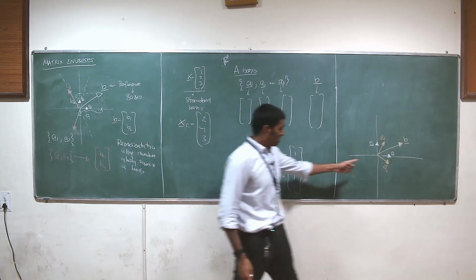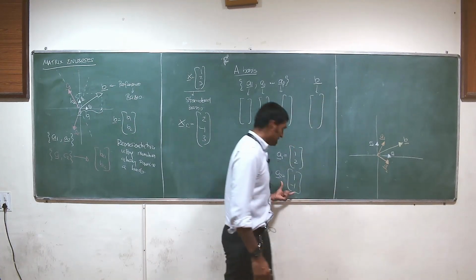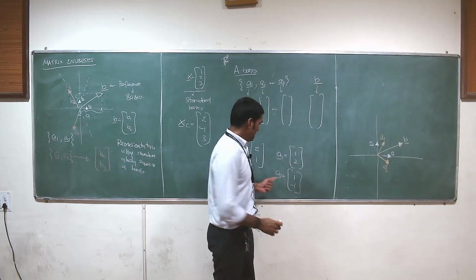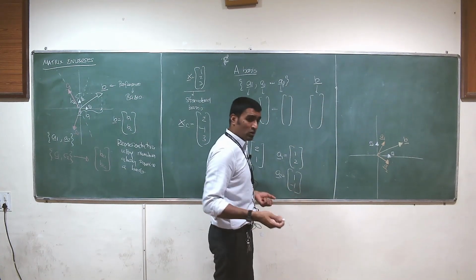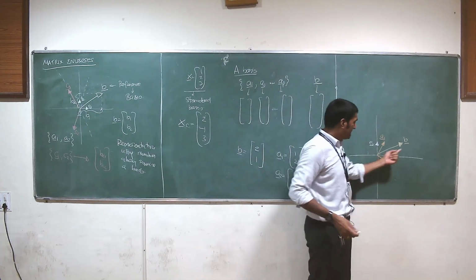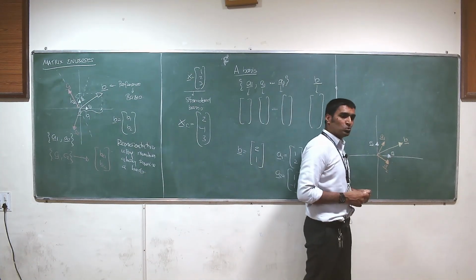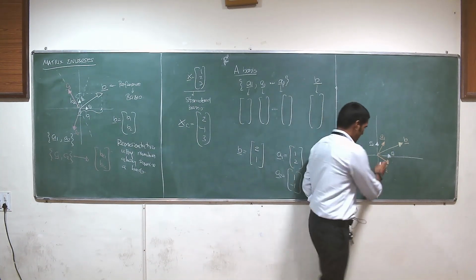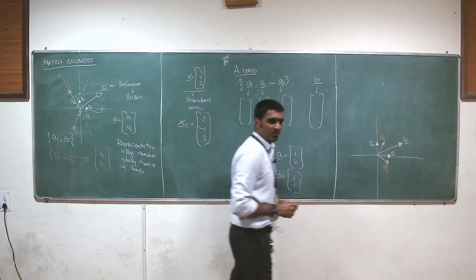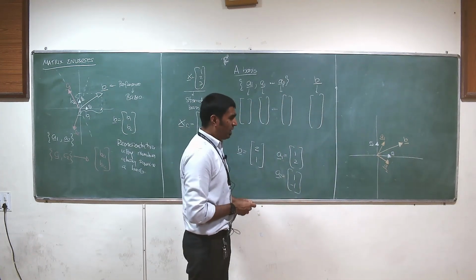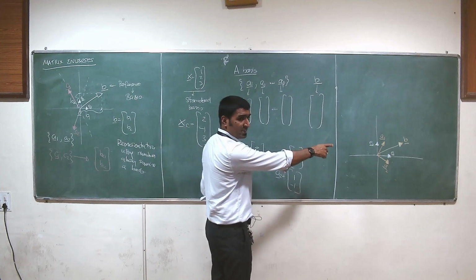These are the representations of A1 and A2 in the standard basis. Given all this, I want to know what is the representation of B in terms of A1 and A2. Or what is the representation of B in the A basis?